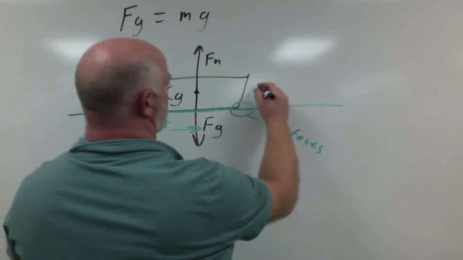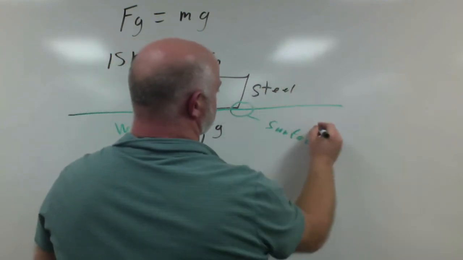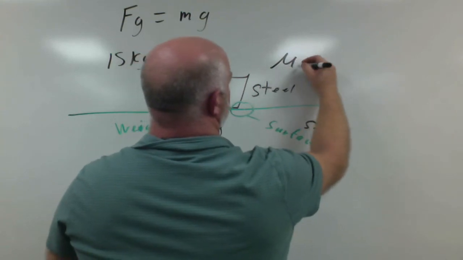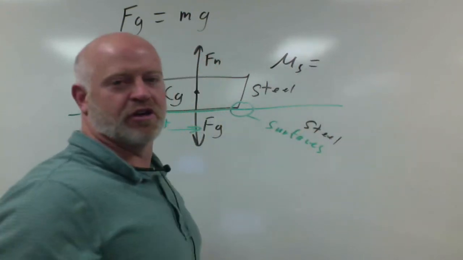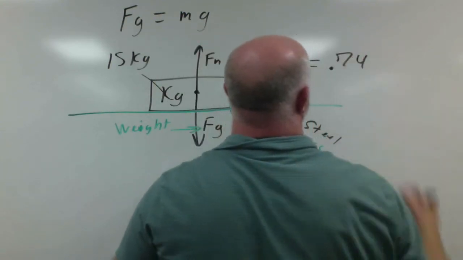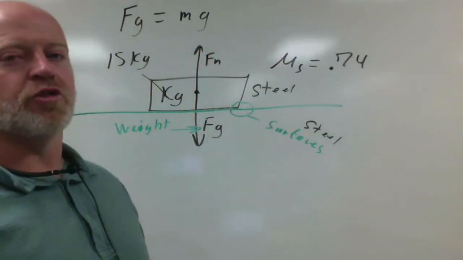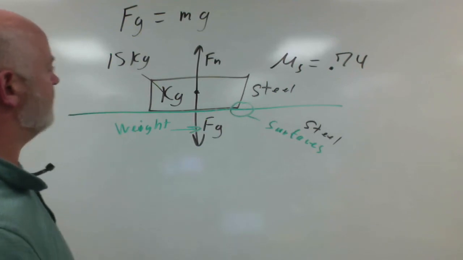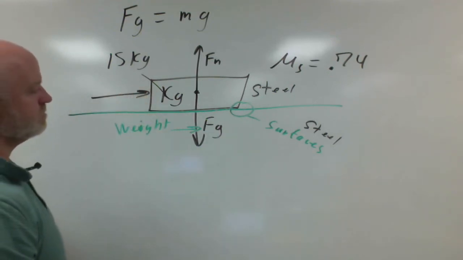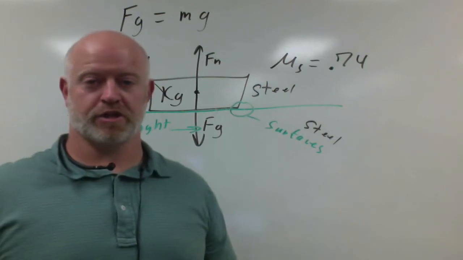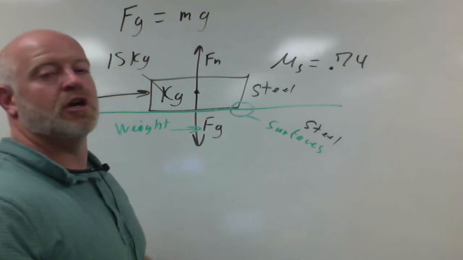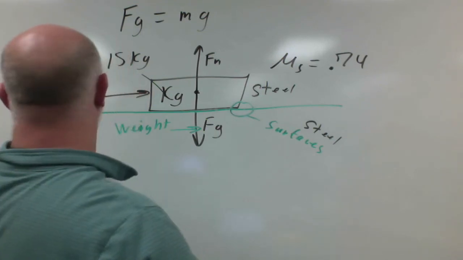This is a steel block on a steel surface. The coefficient of static friction for steel on steel is 0.74. How much force would I have to push in this direction to get the block to move? That's what we're going to solve for. We know the mass and the coefficient of friction. How much force do I need to get this block to move?